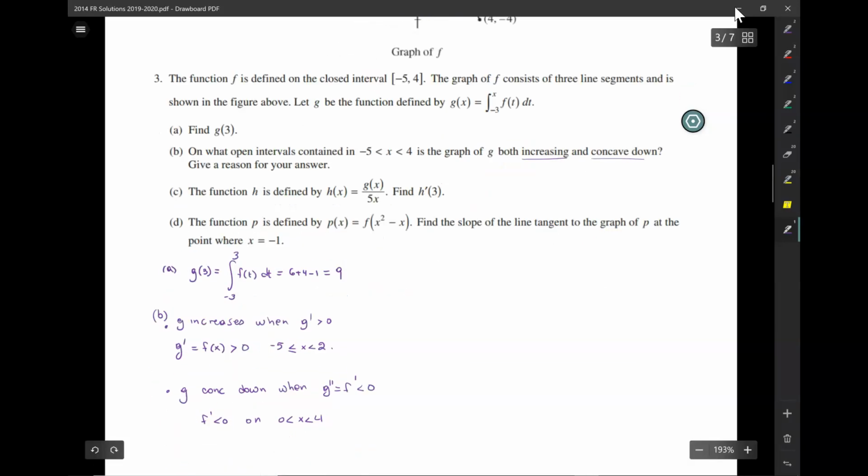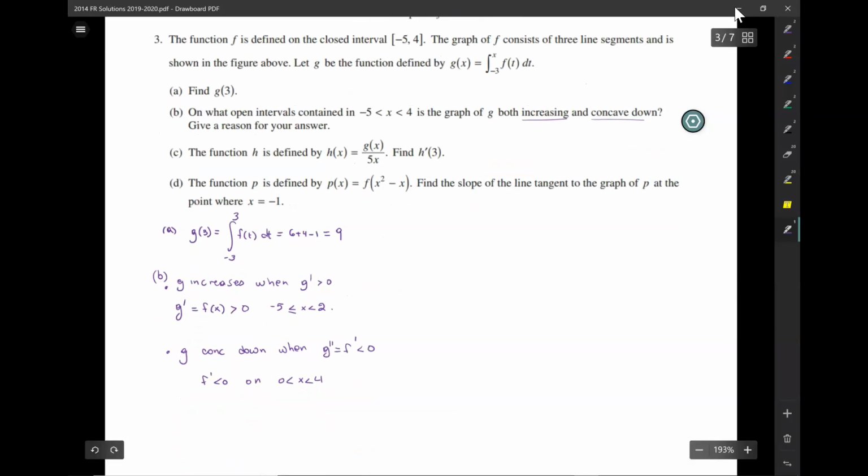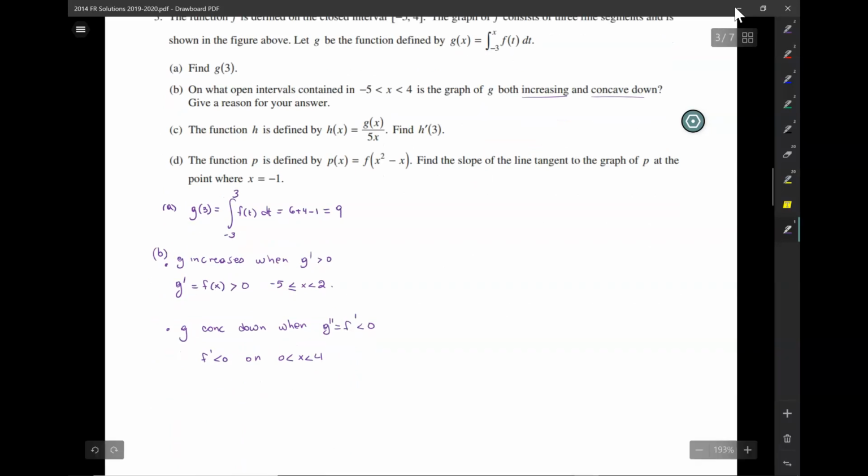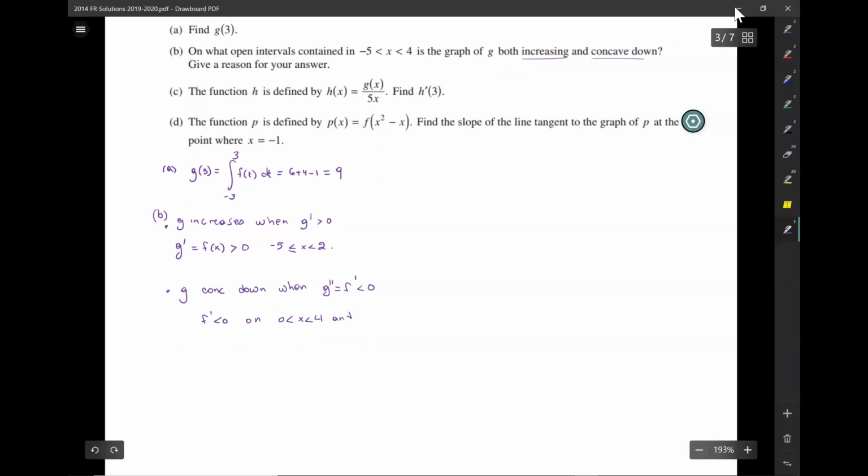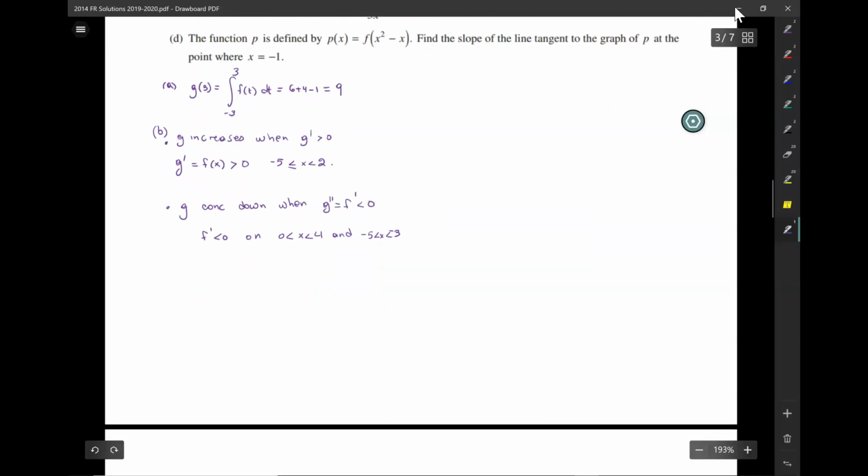Would you use intervals? We do intervals if you want. And so what is it? -5 to -3. So now we haven't given the answer yet. Do you use less than or equal to, or just less than? For increase, decrease, just less than.